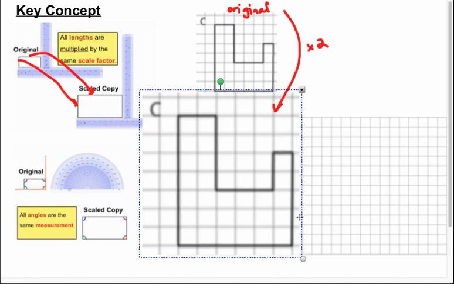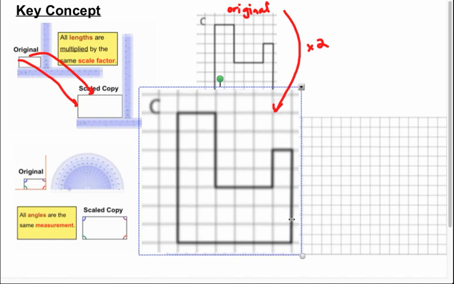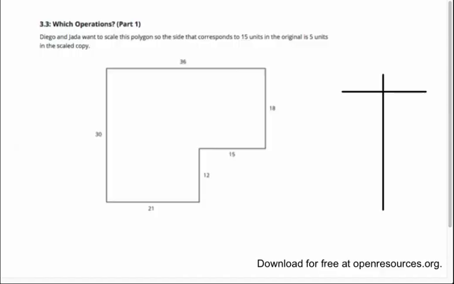This should be 10 units long. 1, 2, 3, 4, 5, 6, 7, 8, 9, 10 units long. And that's this length. So just multiply all side lengths by the same factor. The number you multiply the side lengths by is called the scale factor.